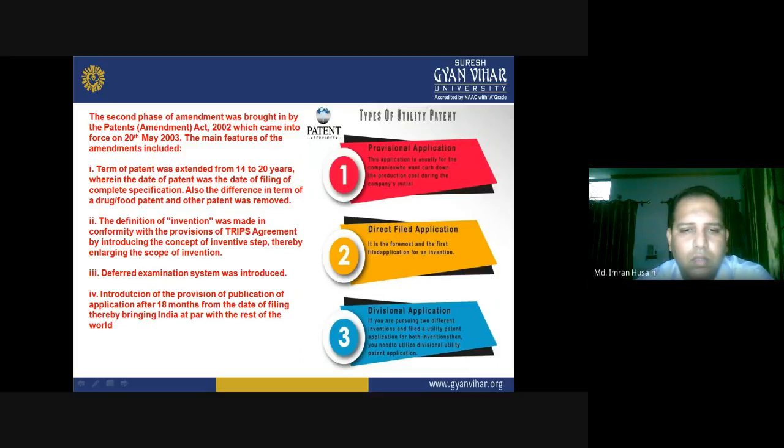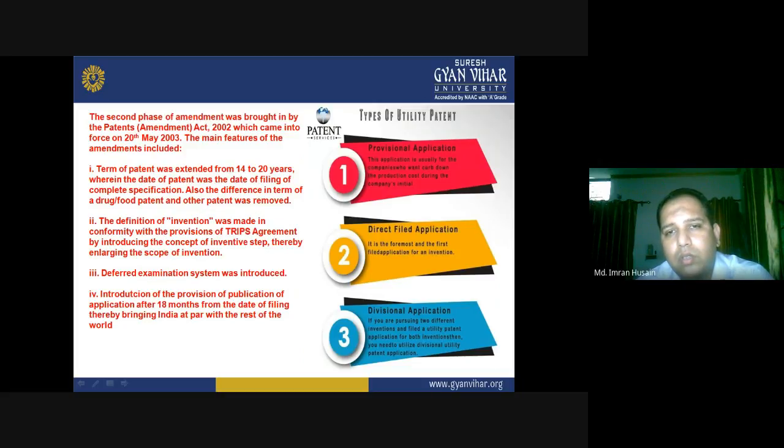Introduction of publication after 18 months from the date of filing, thereby bringing India at par with the rest of the world. So you can publish your patent after 18 months of filing, and India was very much up to the mark after those amendments till the date of 20th May 2003, and everything is according to the scenario that is being followed internationally.